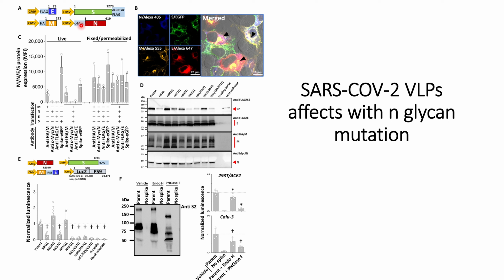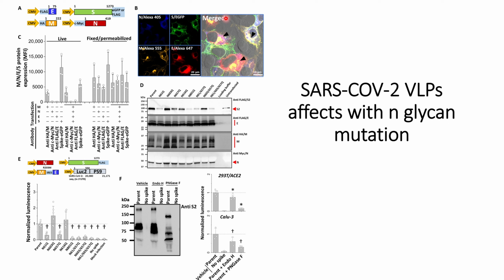First they did confocal microscopic analysis when they transfected these cells, HEK293 cells, and this individual figure shows that the nucleocapsid, spike, membrane, and envelope plasmids all four lie in the perinuclear region. The perinuclear region is the region that surrounds the nucleus of the cells, as we can see in these figures.